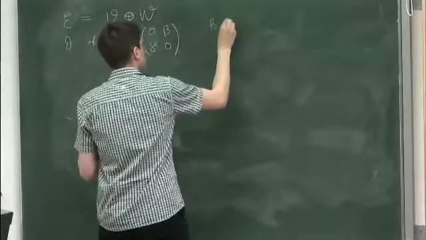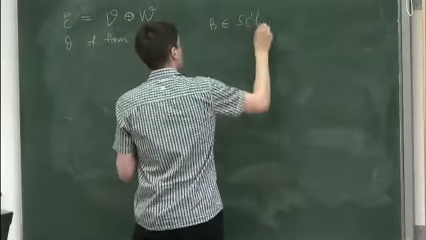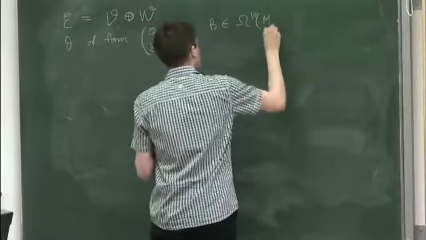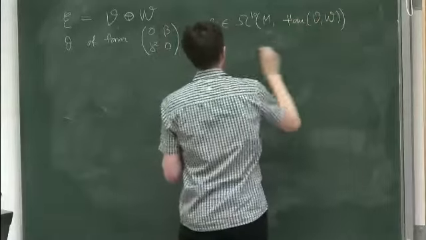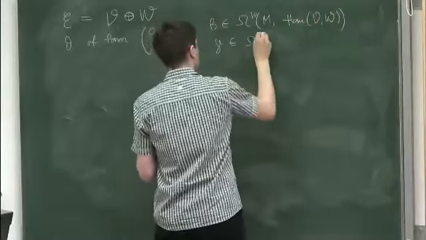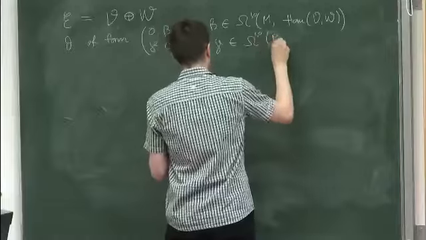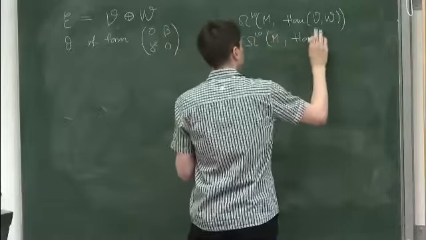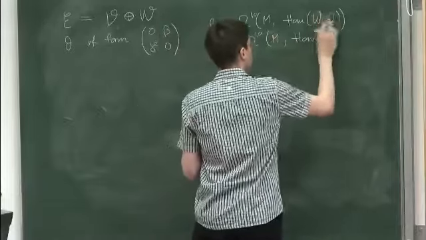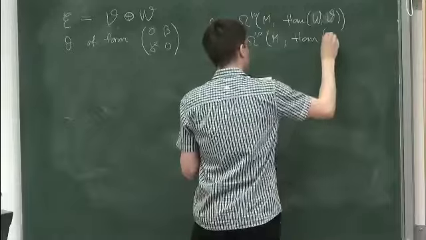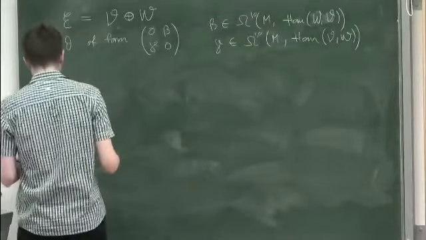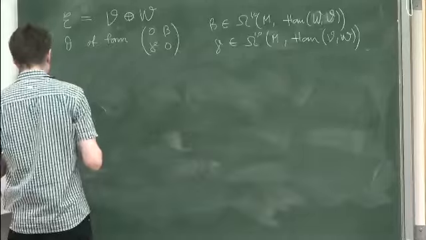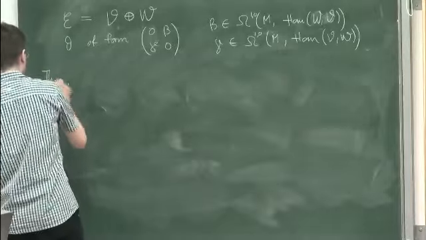Beta is a one form taking values in Hom(V, W), and gamma takes values in Hom(W, V), right?